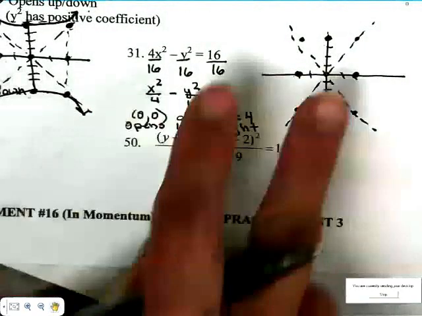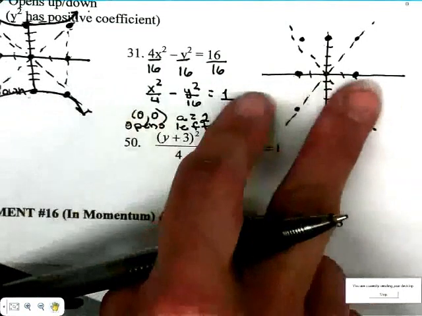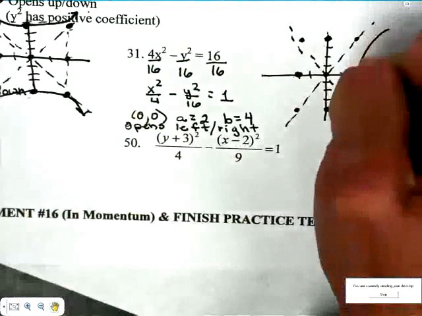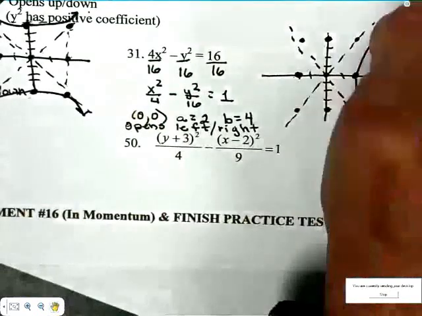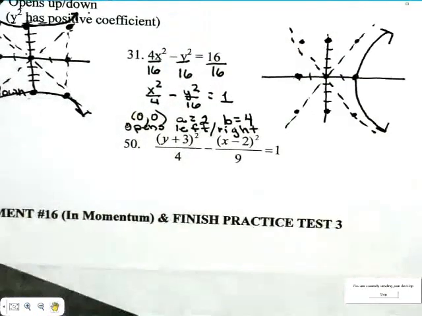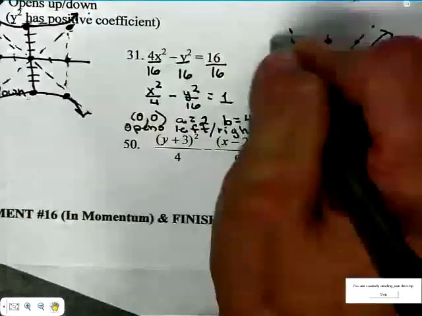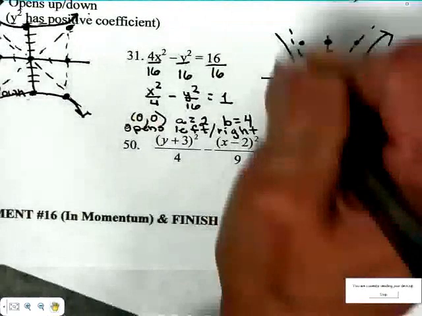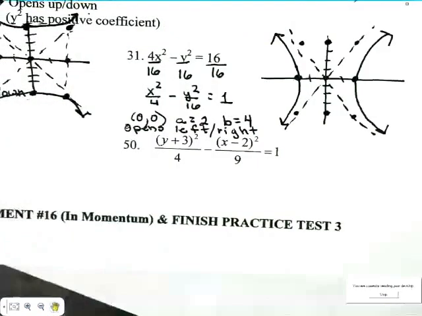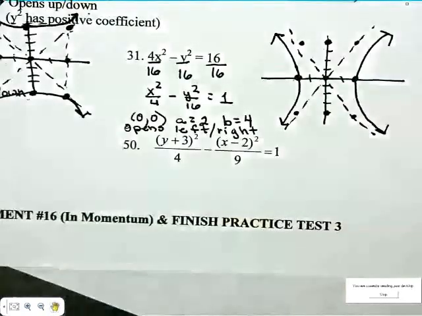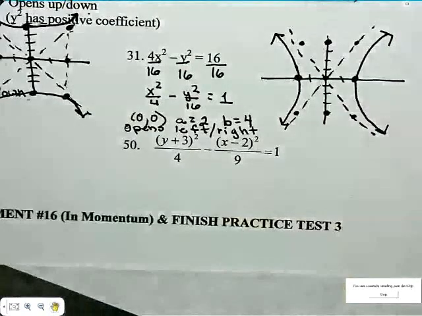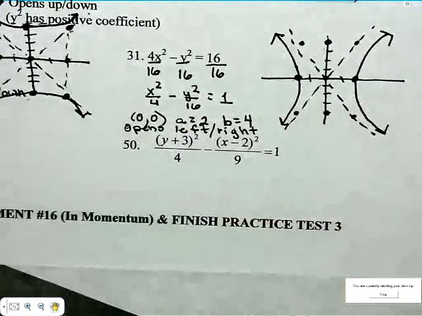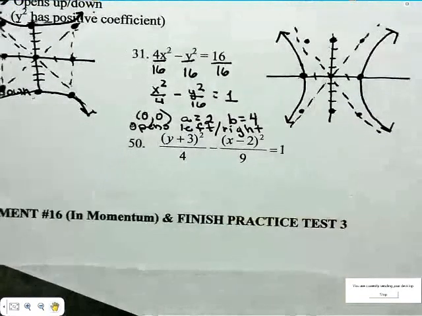That means it's going to go through these 2 points on the x-axis and approach those asymptotes. Any questions?